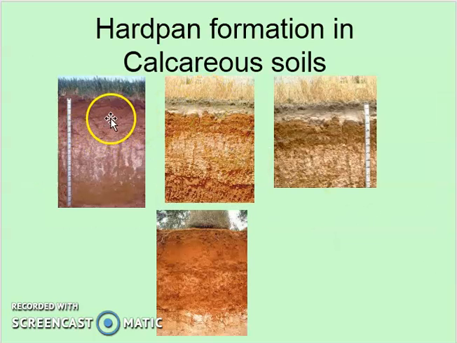If you look here, when you irrigate the soil, the calcium carbonate partially dissolves and precipitates at the front of the water, where the water is dry or where the water ended.